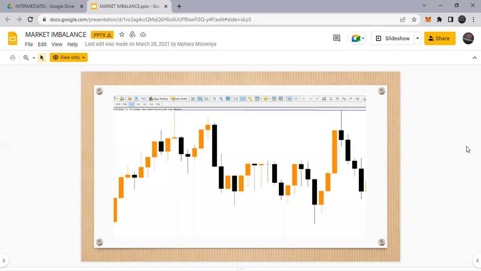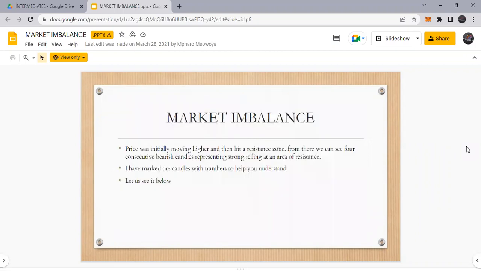So now this is an image. This image is what we are going to use to do the explanation. Price was initially moving higher, then it hits a resistance zone. From there, we can see 4 consecutive bearish candles representing strong selling at an area of resistance.